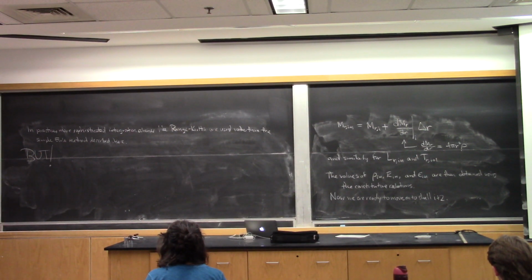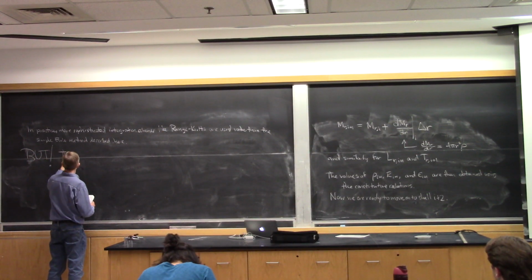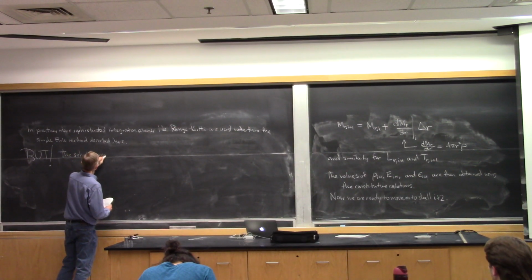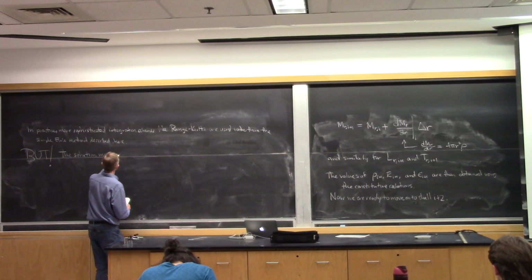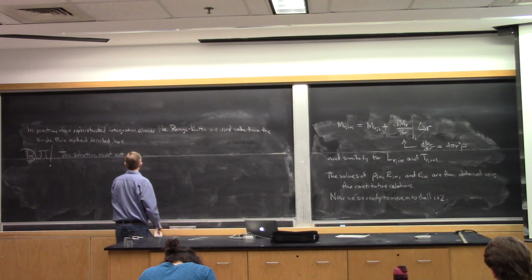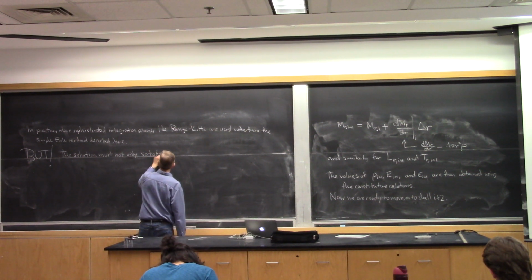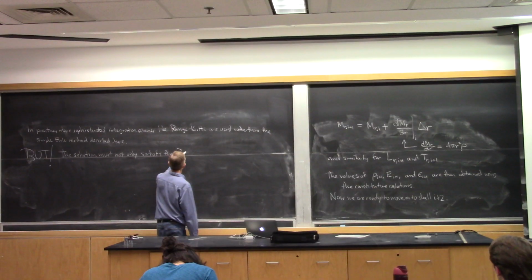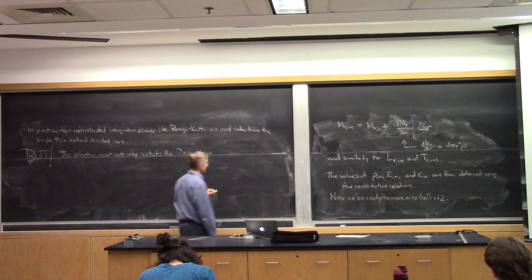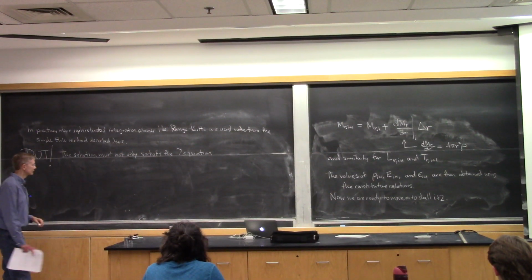But the solution must not only satisfy the 7 equations, there's an infinite number of solutions. I can specify arbitrary values in any given shell and come up with a solution.